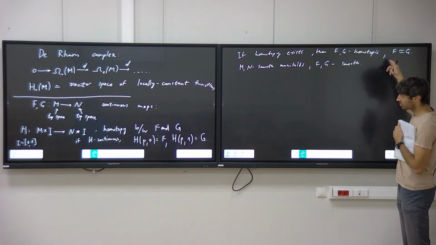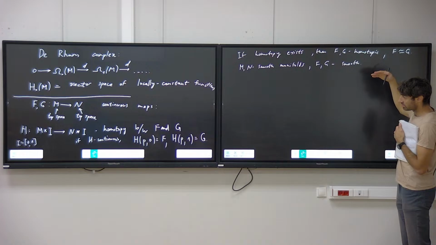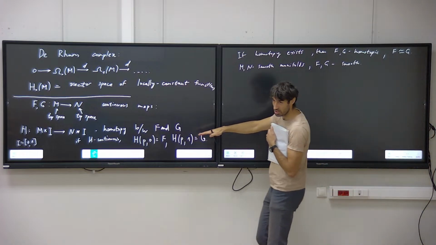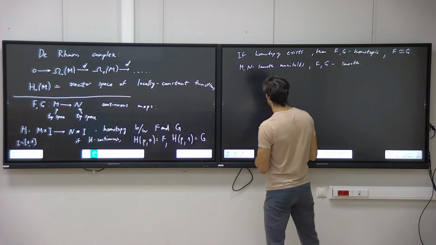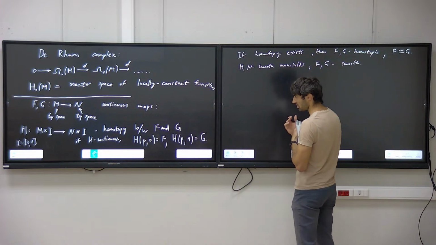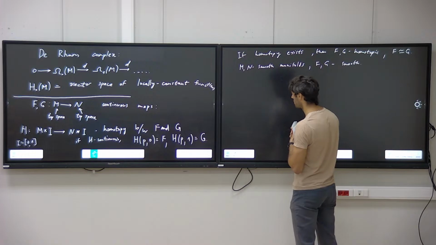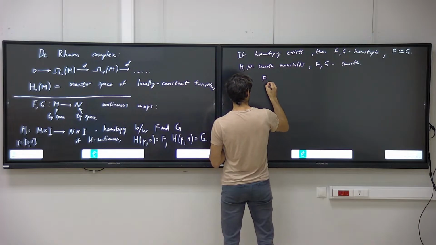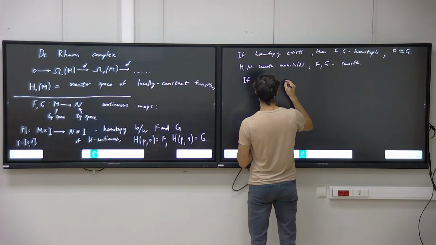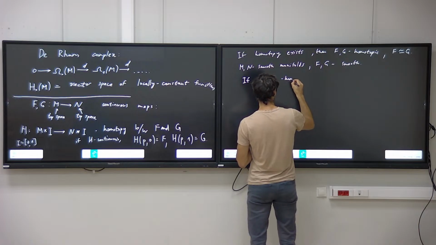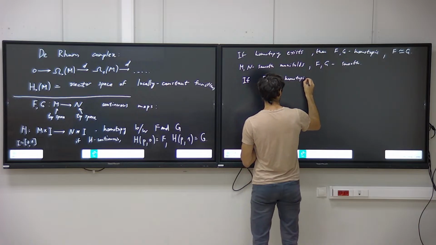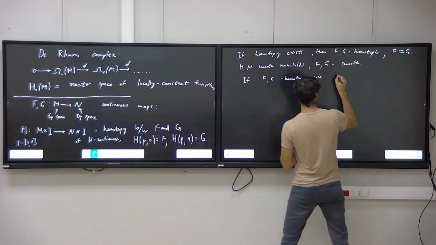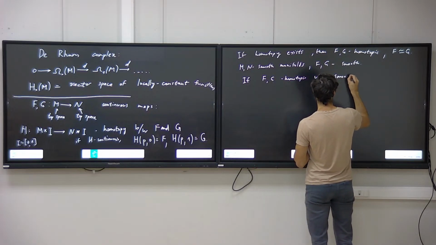But they can also be homotopic via a smooth homotopy, and this is a stronger condition.